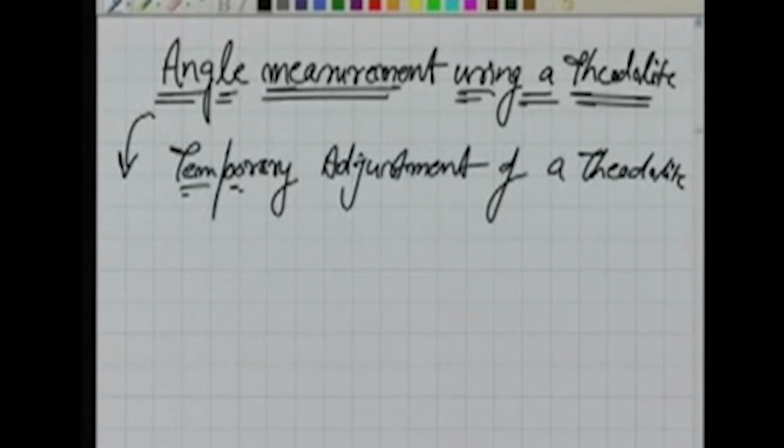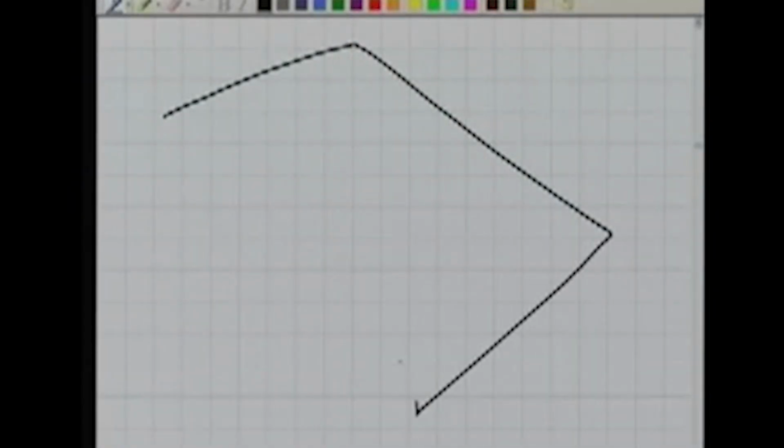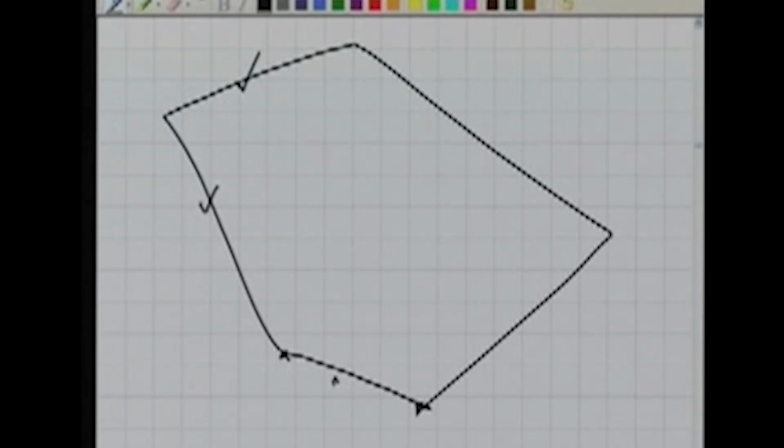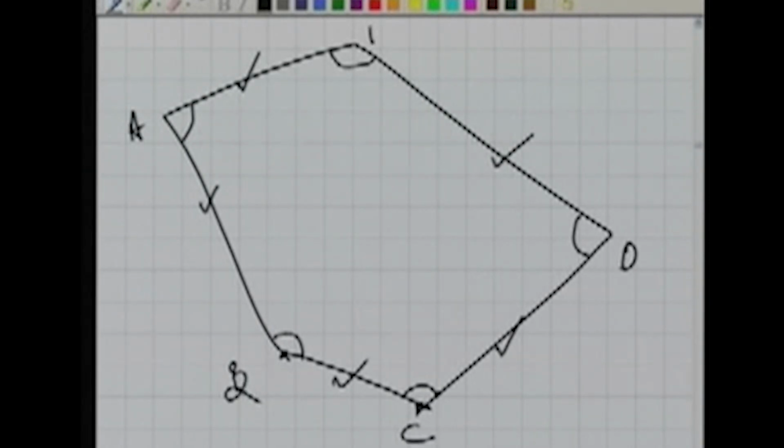What are these temporary adjustments? Well, I will give you a problem. For example, let us say you want to do a traverse, and in this traverse you are using an EDMI to measure all these lengths. You want to measure all these angles using the theodolite. If the stations are A, B, C, D and E, we already know why we do the traverse and what uses a traverse can be put to.